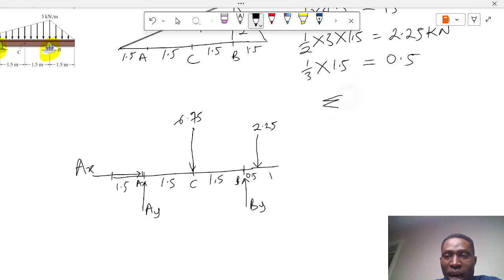sum of the moments about point A, and we take the counterclockwise moment to be positive.